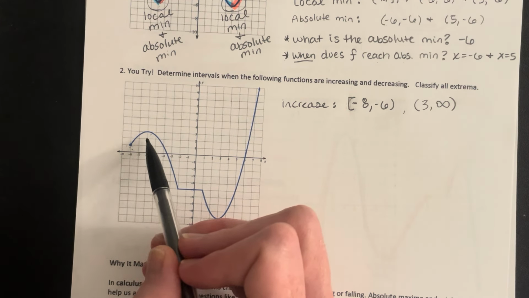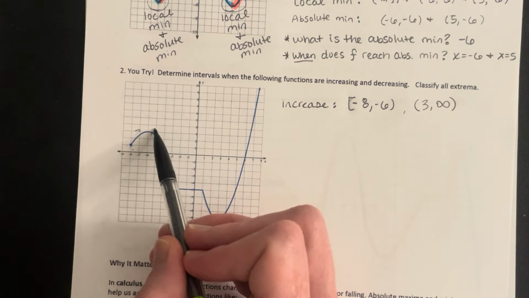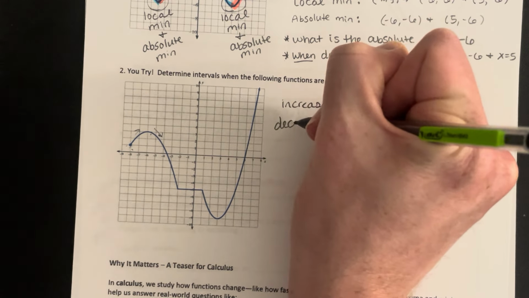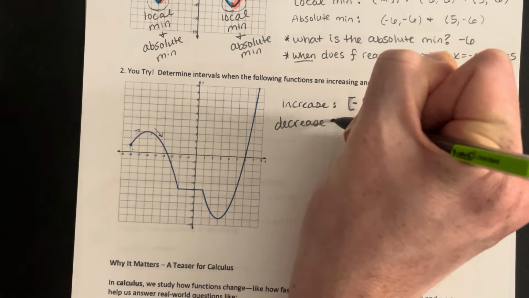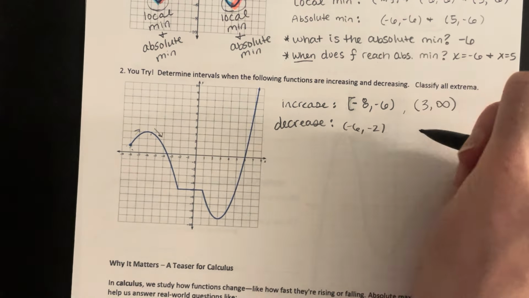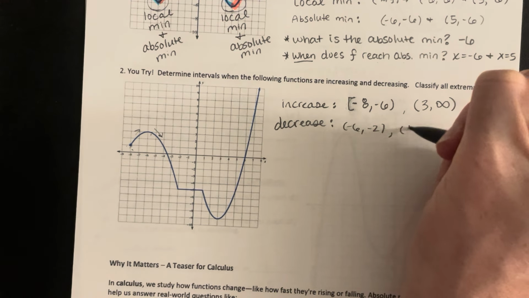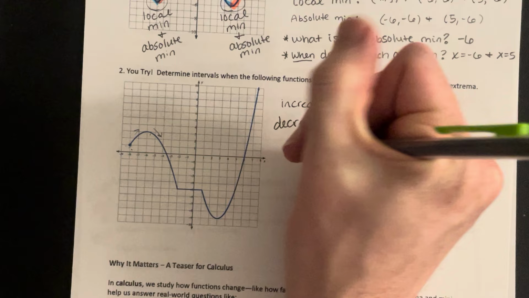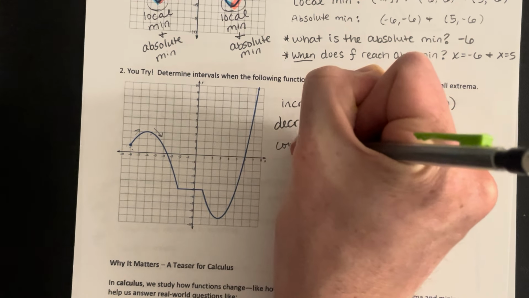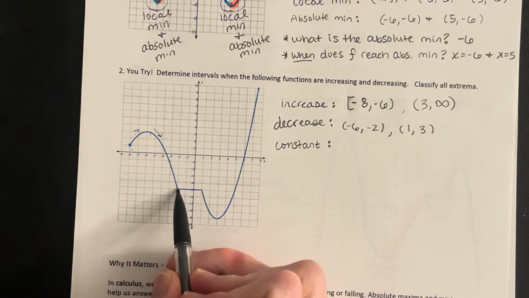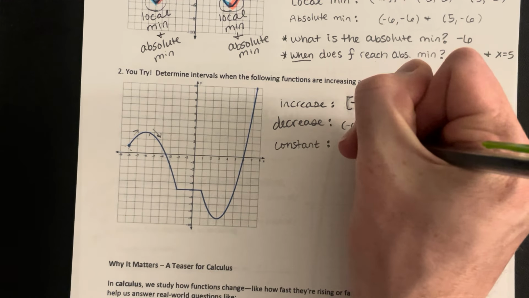Now that -6 is where it changes from increase to decrease. So we have a decreasing section that goes from -6 to -2, and then another one from 1 to 3. The graph is constant there in the middle, so it's constant from -2 to 1.